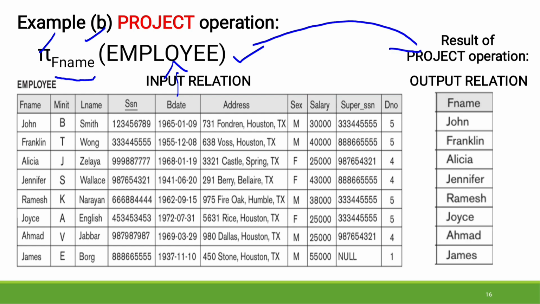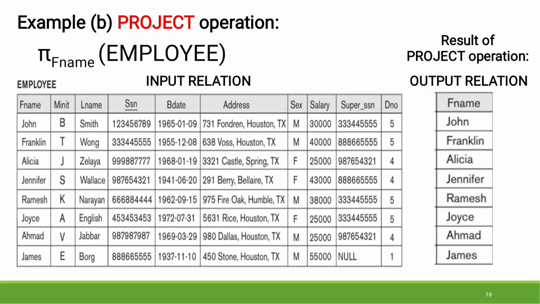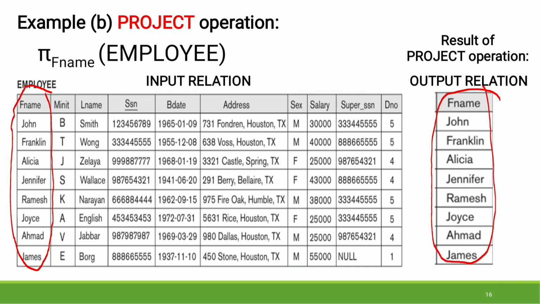The result of this project operation, in the output relation, has only one column. Here 10 columns were there in the input relation and 8 rows. All the 8 rows will be present, because in the column list only one column name is specified, so only the F name column will be there in the output relation. You can check clearly that in the input relation only the F name column is present in the output relation.